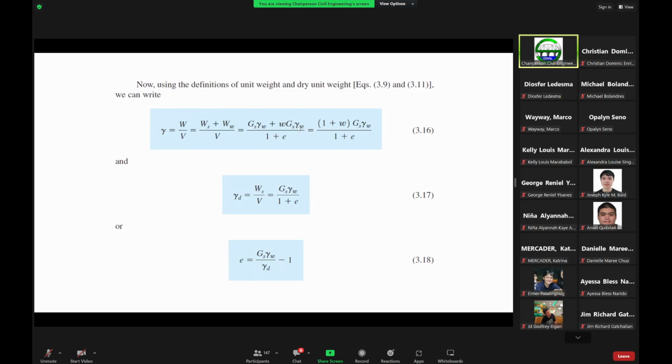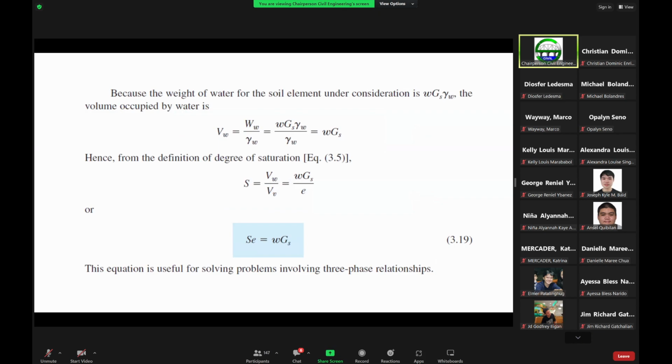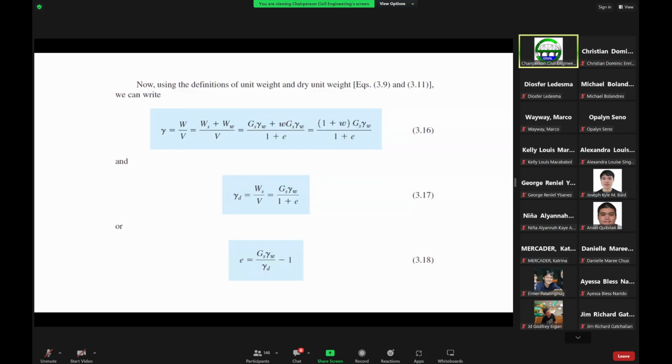So if we just factor out the specific gravity of the soil solids and the unit weight of water, then what is left is 1 plus the water content over 1 plus the void ratio.